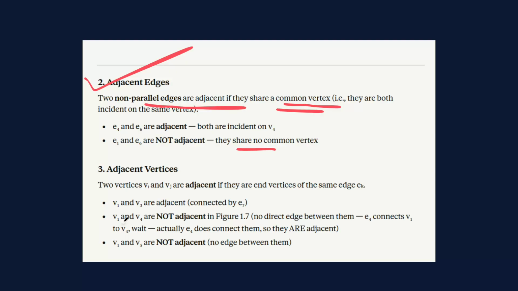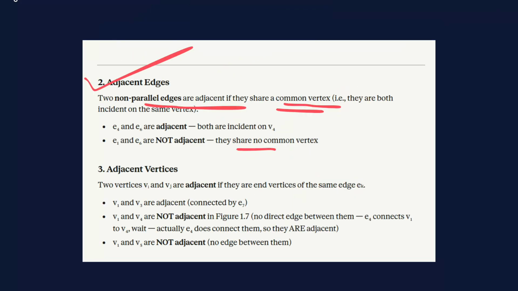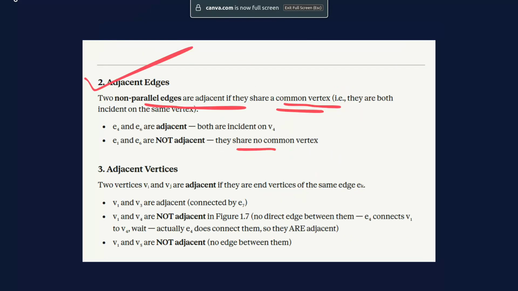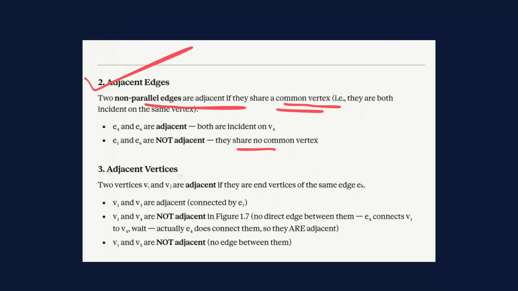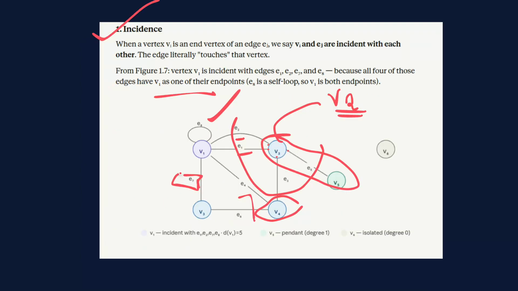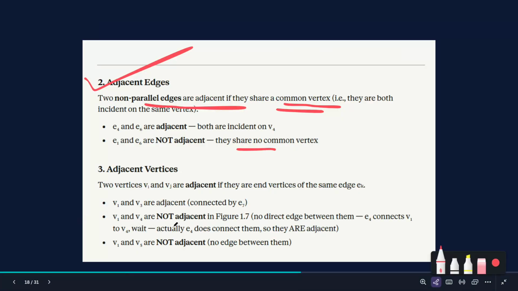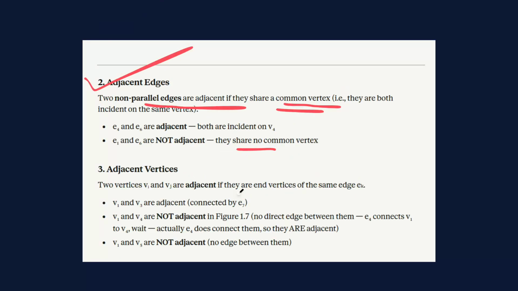Here, v1 and v3 are adjacent vertices because they are the end vertices of the same edge ek. But v1 and v4 are not adjacent, as there is no direct edge between them.